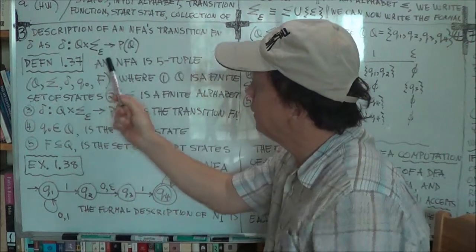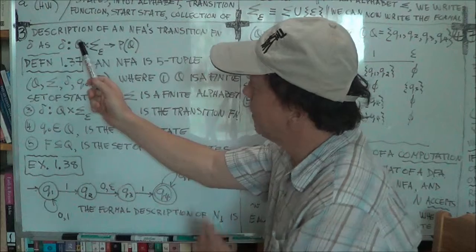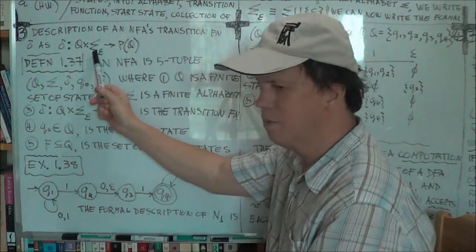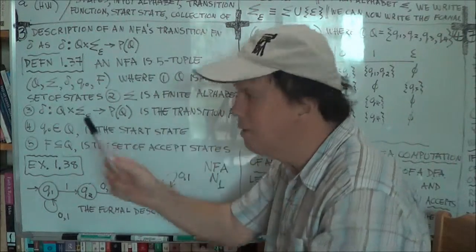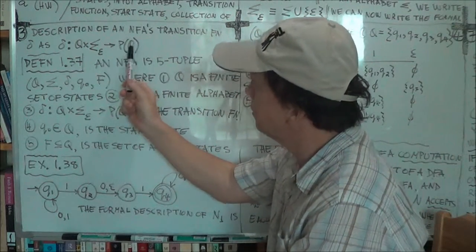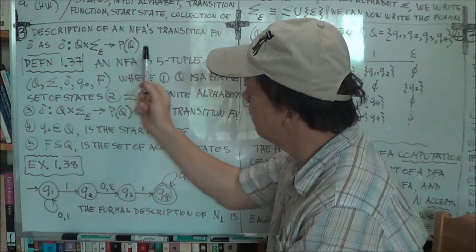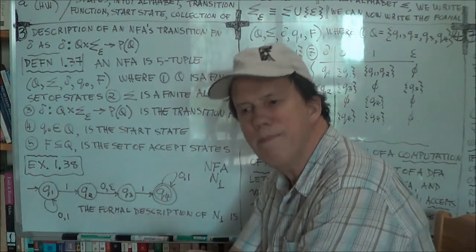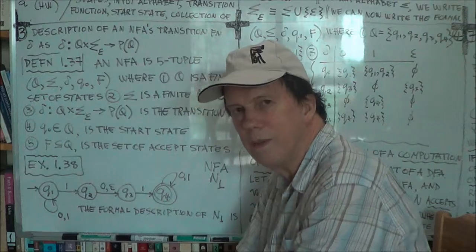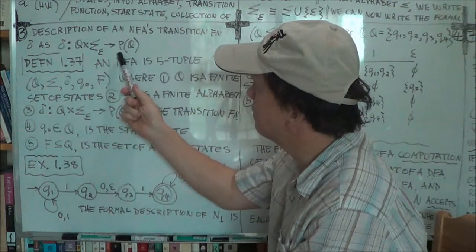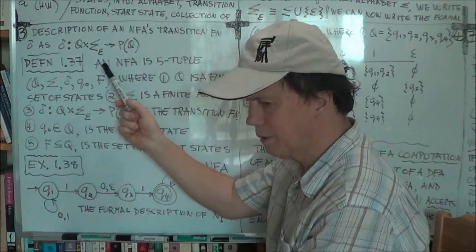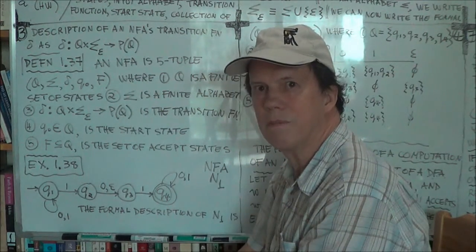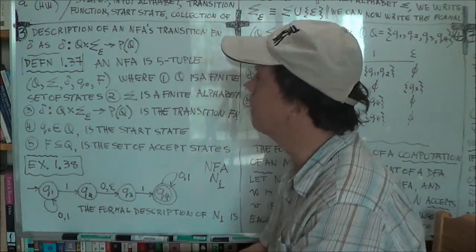So you map that pair of current state and input symbol augmented with eta to a member of this power set. Now, what is a power set? What are the members of a power set? Well, they're just subsets of the set of states, big Q, right?